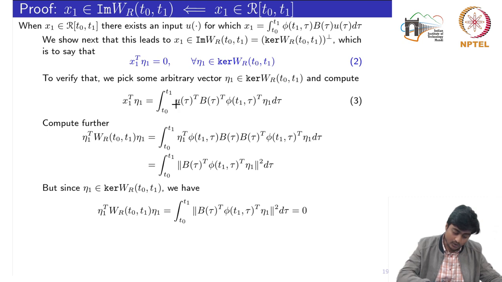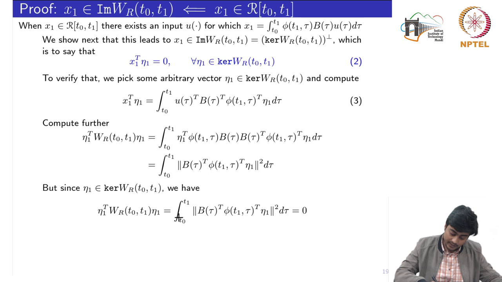Now, we know already that eta 1 belongs to this kernel of WR. So, which implies that WR into eta 1 should be equal to 0. Right? So, here we have this WR eta 1. So, this part would definitely be equal to 0. Right?